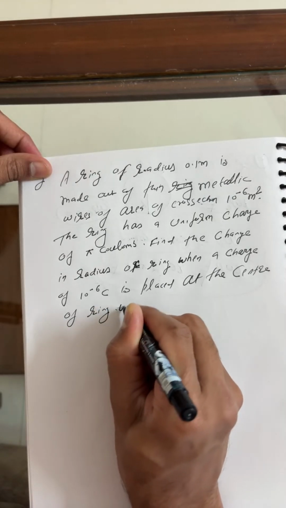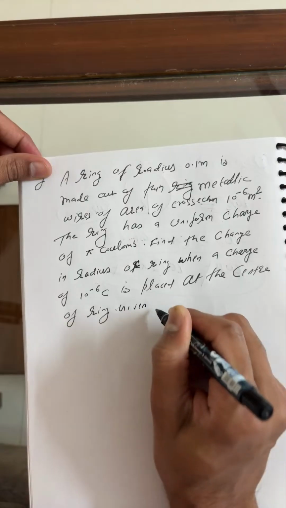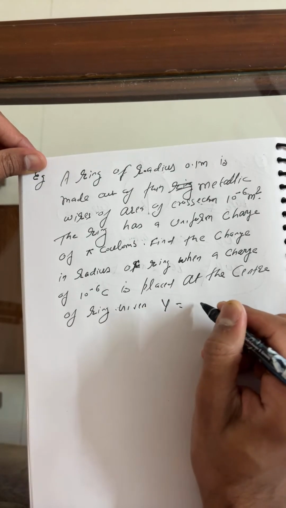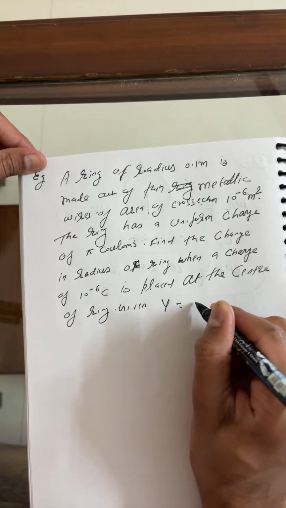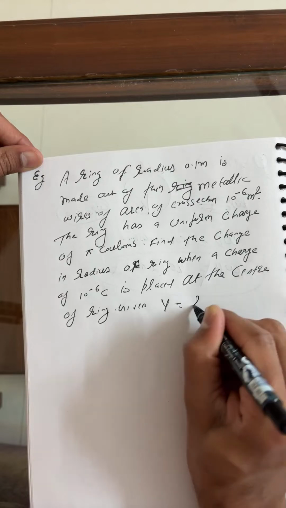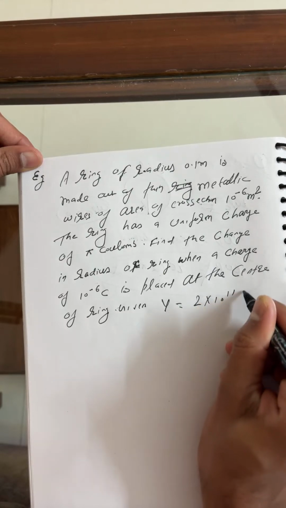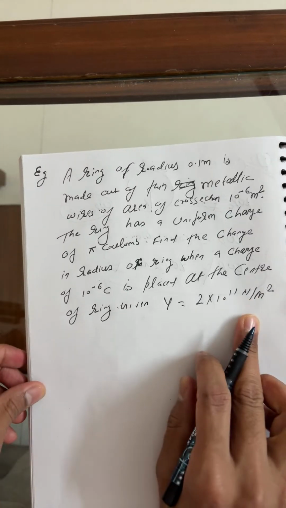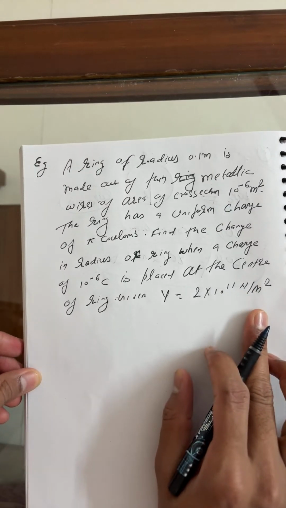Full stop. You can take a few data. Young's modulus they mentioned here. How much? You can take 2 into 10 to the power 11 Newton per meter square.